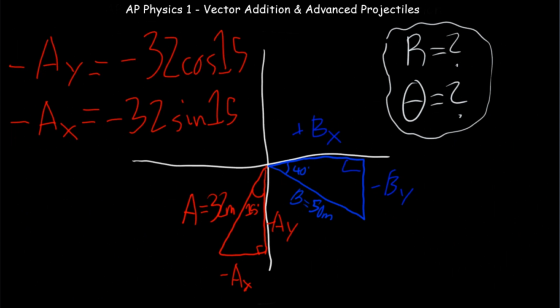And then for the B of x and B of y values, you're basically doing the same thing, except B of x is the adjacent because it's connecting theta and the right angle. So you would do 50 cosine 40, and B of y would be negative 50 sine 40.